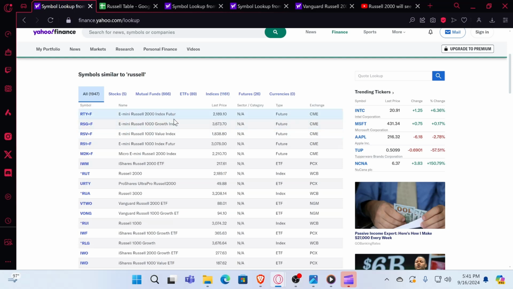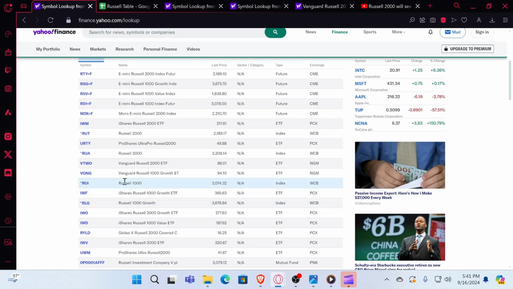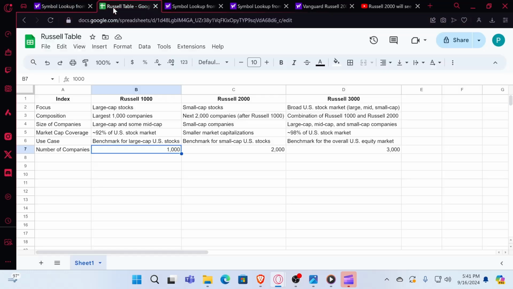You'll see the mini Russell 2000, 1000, 2000, Russell 1000 repeat, 3000, 2000, etc. So what do these all mean? What's the difference between them? It's been a lot in the news lately. Some pundits like Tom Lee have talked about it. So I put together this table here to show us what the difference is.